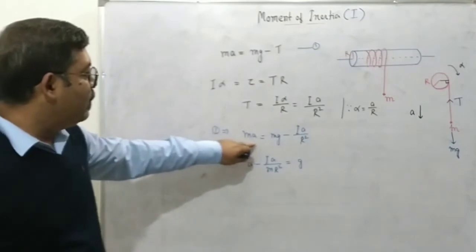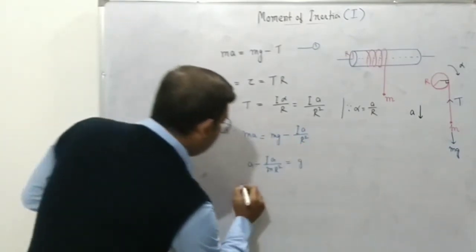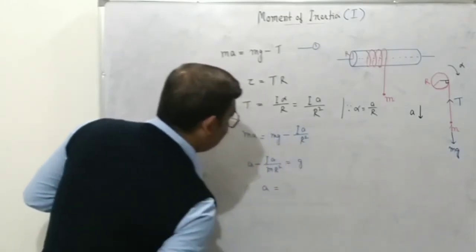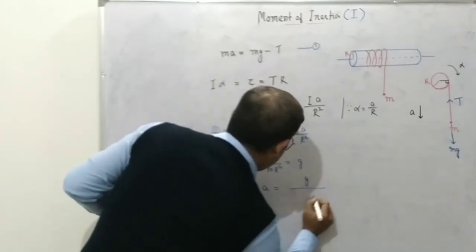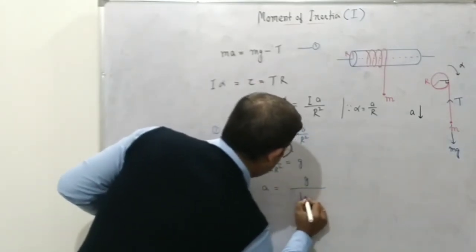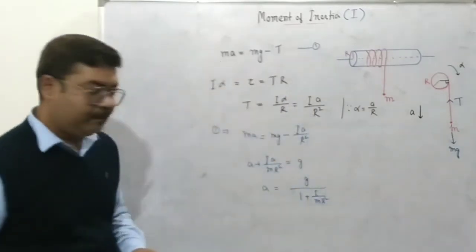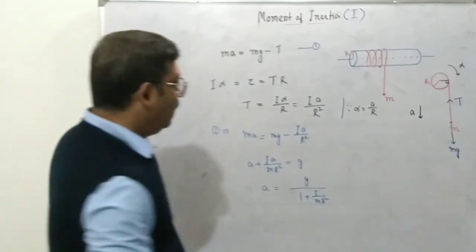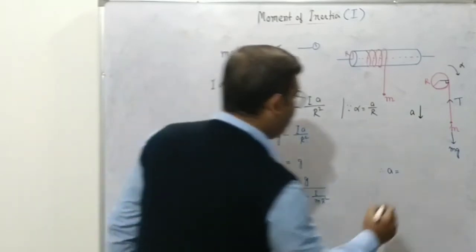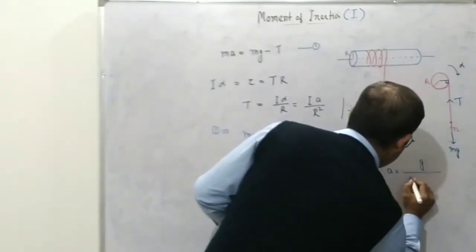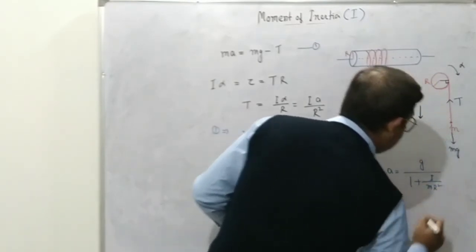What we have done is divide both sides by m and then transfer this to the left hand side. That is to say, if I take a common, this will be plus, right? So we get a equals g divided by 1 plus I by m R squared. That is to say, the linear acceleration a of the mass, the downward acceleration, will be given by the acceleration due to gravity divided by 1 plus I by m R squared.